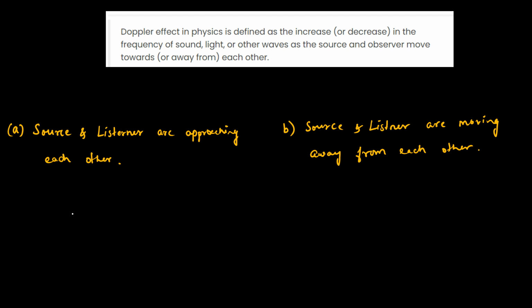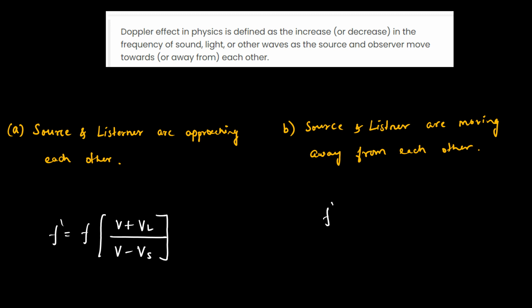Here, the change in frequency is represented by f dash, and it is f multiplied by v plus vl divided by v plus vs, where V is the velocity of sound, VL is the velocity of listener, and Vs is the velocity of the source.